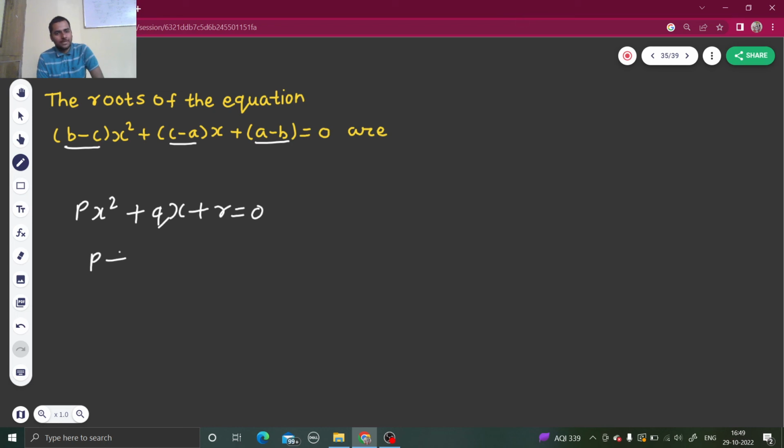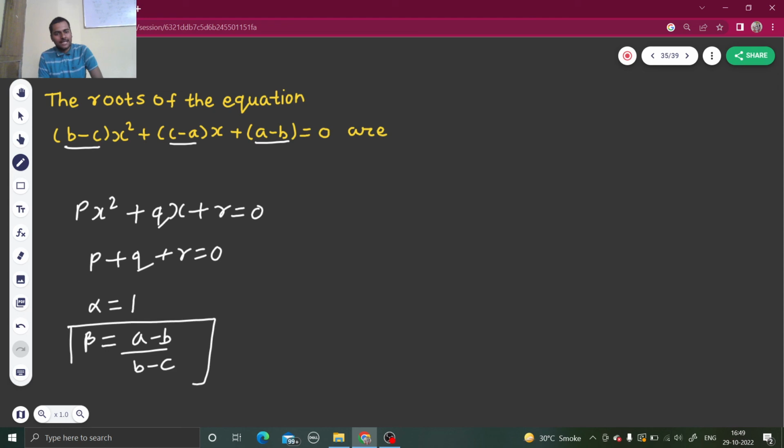So here p plus q plus r is 0. You don't have to write all this. So one root, let's say alpha, is 1. So beta will be, alpha beta is c by a, alpha is 1, so beta will be a minus b divided by b minus c. That's it. That's how simple it is.